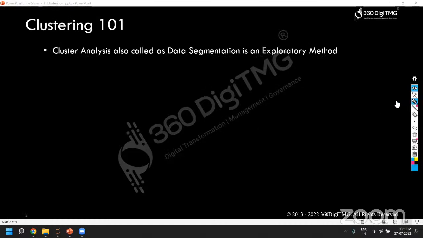Cluster analysis is basically performed at the initial stage of your analysis. We are looking at the variations in the data, so we call it an exploratory method. This is probably one of the first steps that we do on the data.